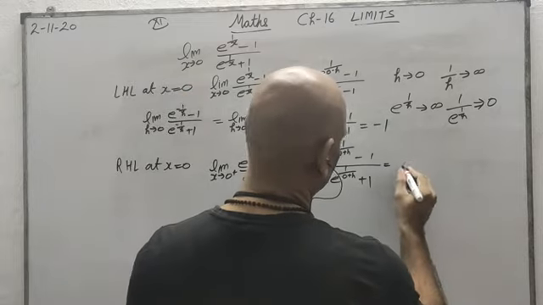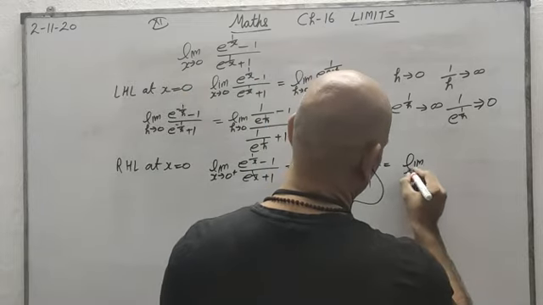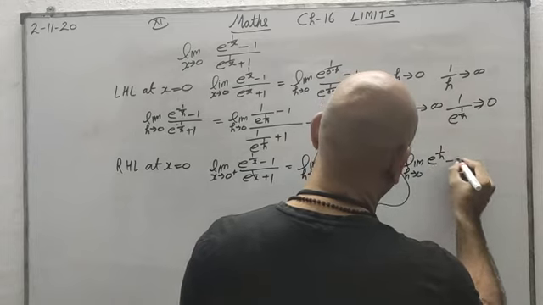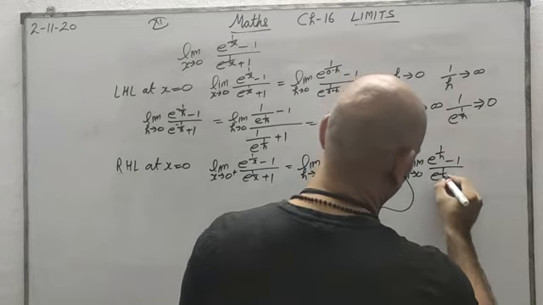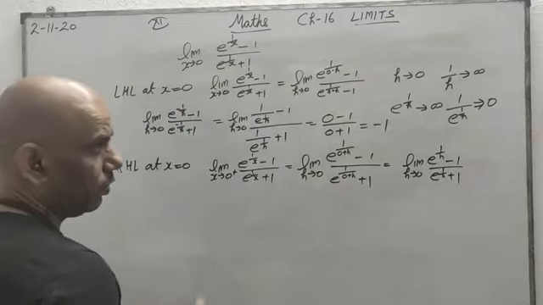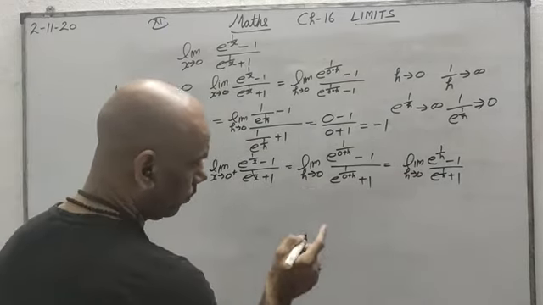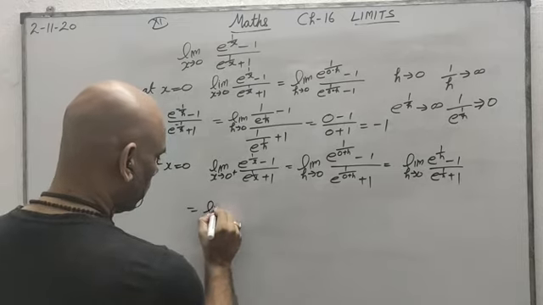So it will become limit h tends to 0, (e to the power 1 upon h minus 1) upon (e to the power 1 upon h plus 1). Now e to the power 1 upon h is infinite, so that will create a problem. So how will I solve it?